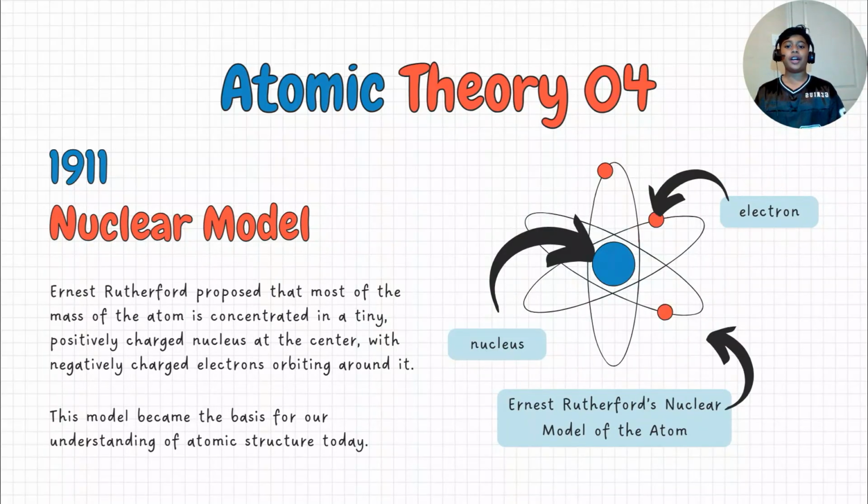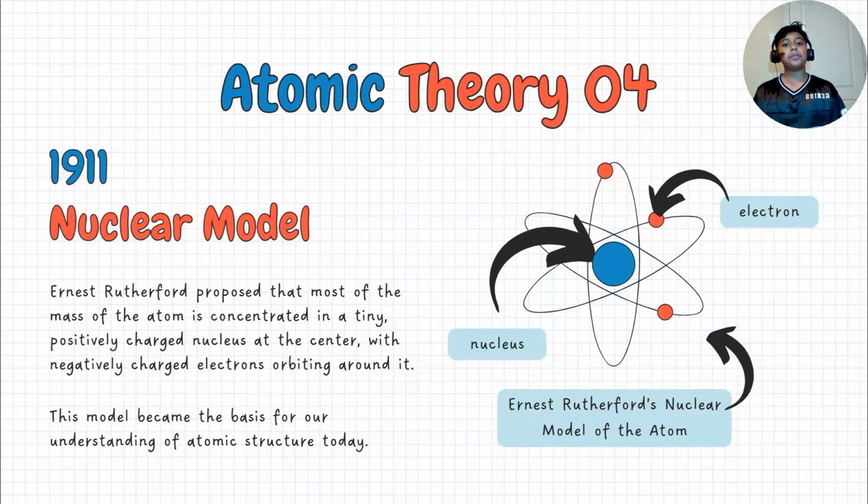Finally, we have our last atomic theory, which is number 4, and is the one we still use today. It was proposed in 1911, which was 7 or 8 years later. It was the nuclear model. Ernest Rutherford proposed that most of the mass of the atom is concentrated in a tiny positively charged nucleus at the center, which is the big blue dot you see here, with negatively charged electrons orbiting around it.